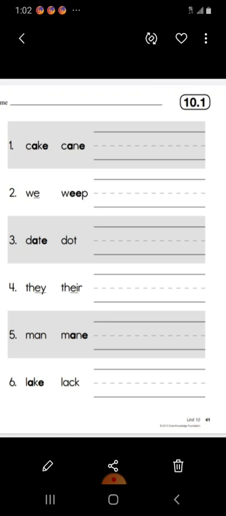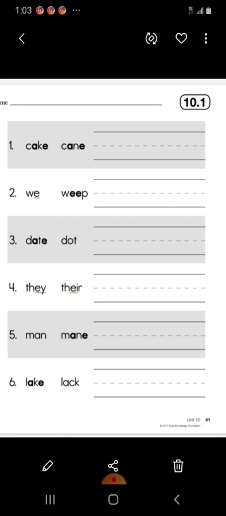In our language development common core, we are at lesson 10.1. In our last lesson, we talked about the A sound, that is the A slash E, and we have a lot of A sound words in this lesson.